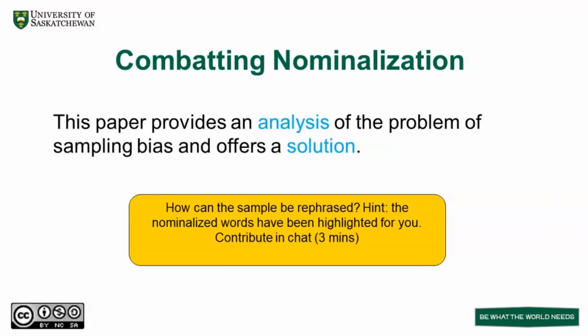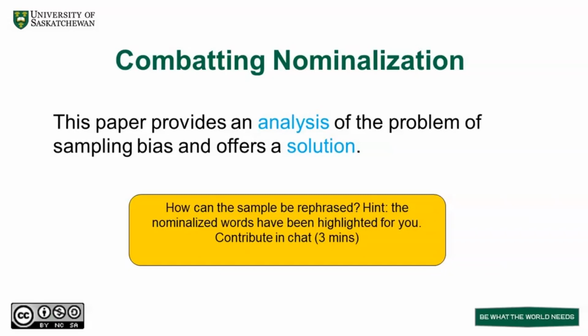And my question to you, how can you actually rephrase this sentence? The hint is that the nominalized words have been highlighted. So how might you transform those nominalized words into a sentence that prioritizes strong active verbs? So currently it reads as follows: this paper provides an analysis of the problem of sampling bias and offers a solution. How could you rephrase this to remove that nominalization?